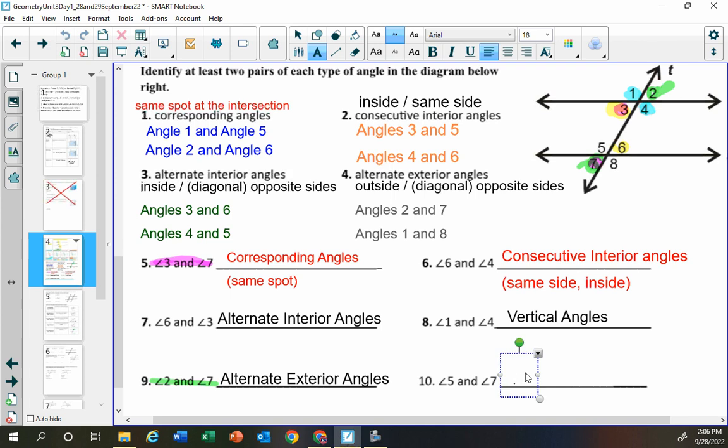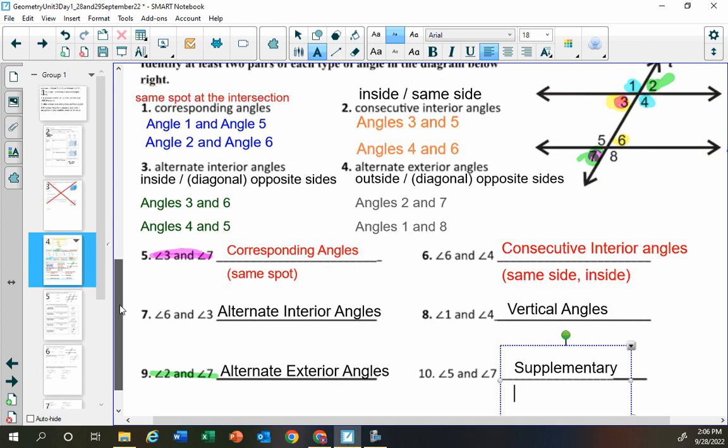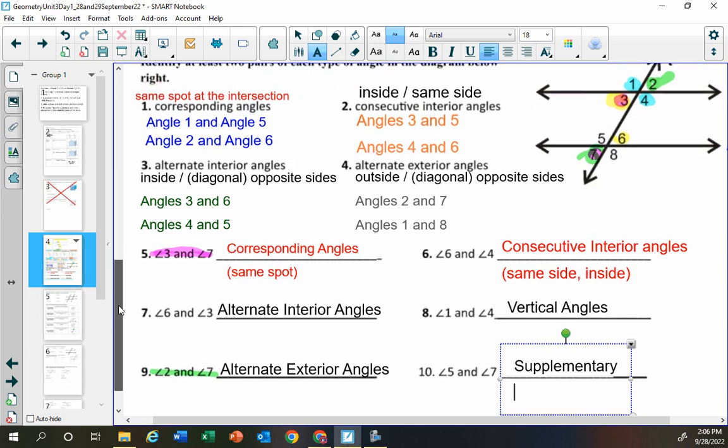All right, I'm not going to disagree. They will be supplementary. But does anybody remember why they might be supplementary? It's two words. The first word begins with an L. The second word begins with a P. And line is part of one of those words.